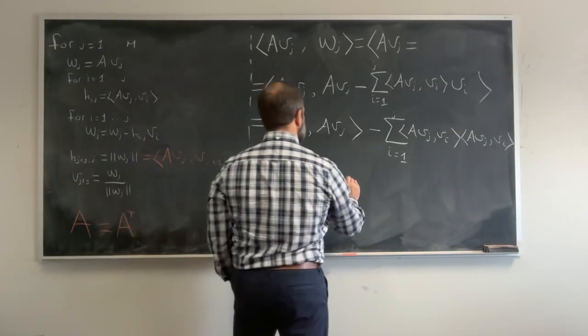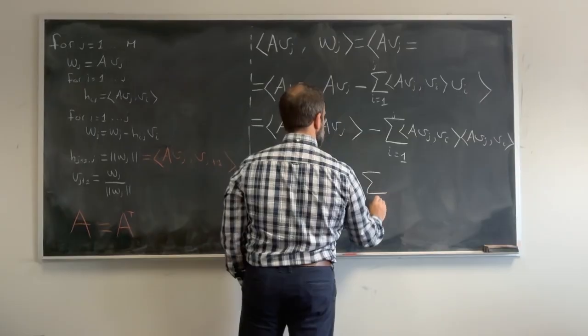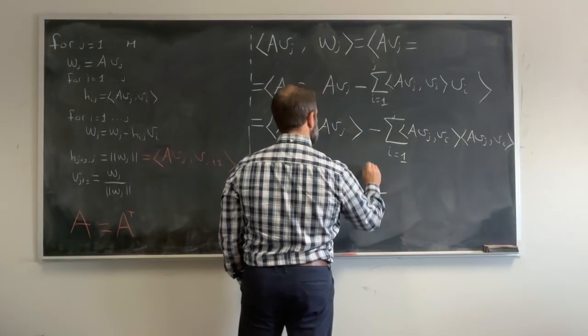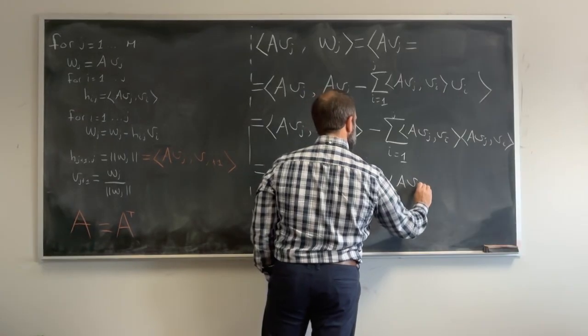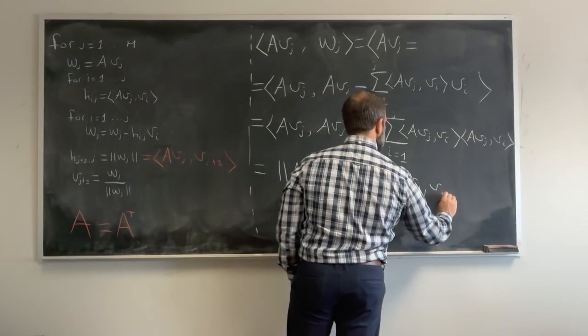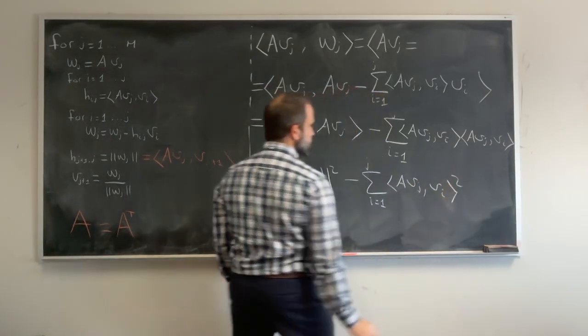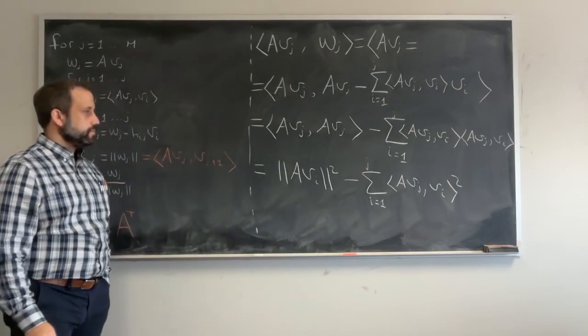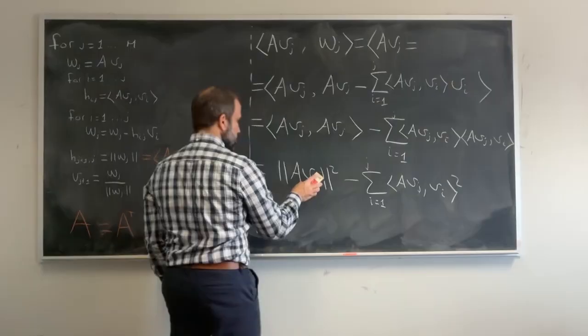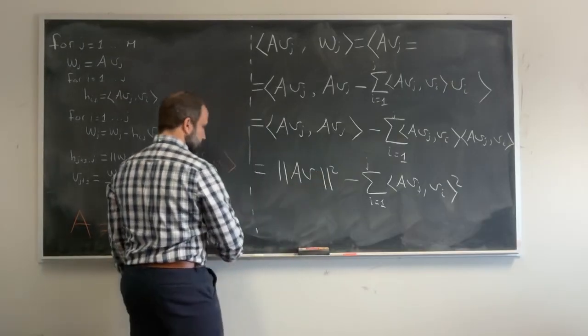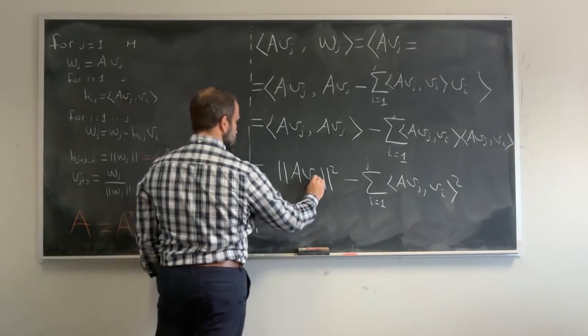And notice what we have here. This is going to be AVJ VI squared. Oh, that I should be a J. Like this. Okay.